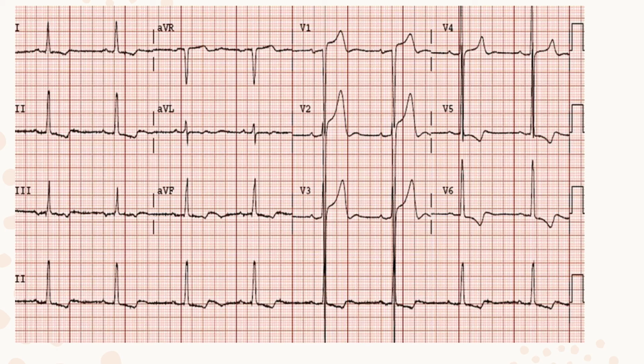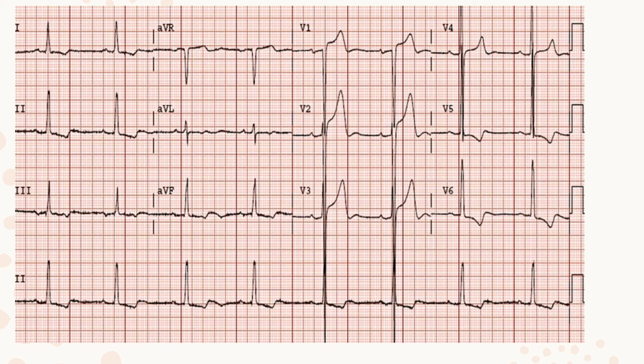And then I come over here to V5 and V6, and this is going all the way up to here. 45, then 50, 55, 60, 65, 70, 75. So very large left ventricular hypertrophy. And we can see that strain pattern.